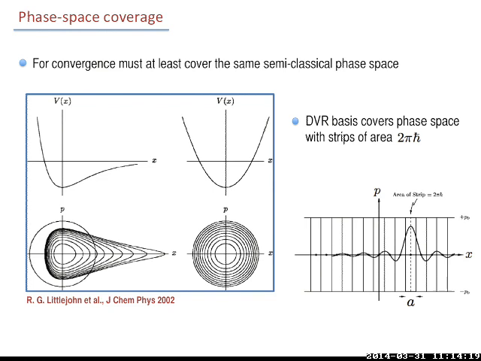If you look at something like this Morse oscillator potential, and then you have some semi-classical orbits shown here in the momentum and coordinate space, then if you want to reproduce the physics of, say, the lowest 4 states, you can do that with a harmonic oscillator basis as long as the harmonic oscillator basis covers those 4 semi-classical orbits.